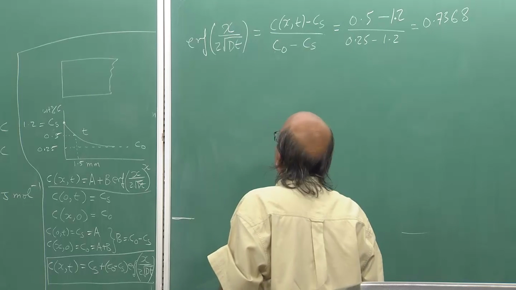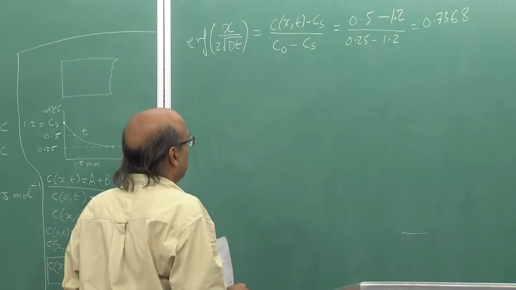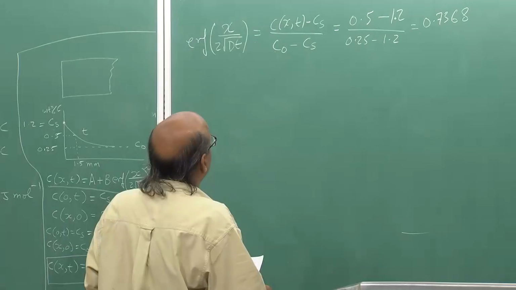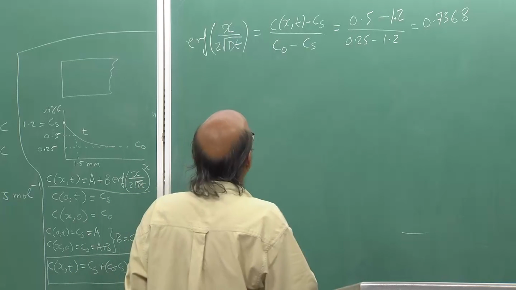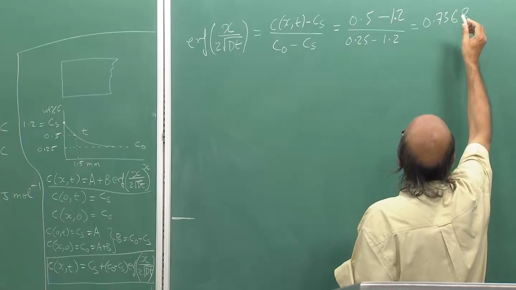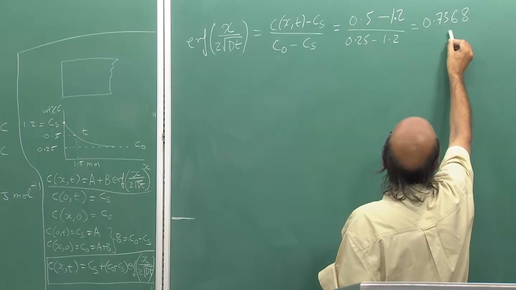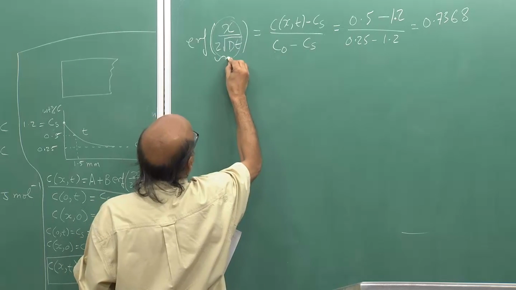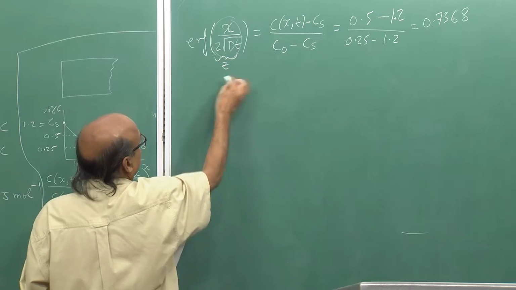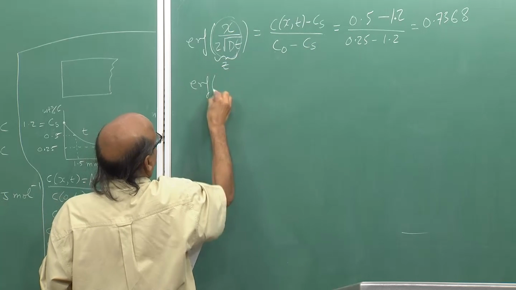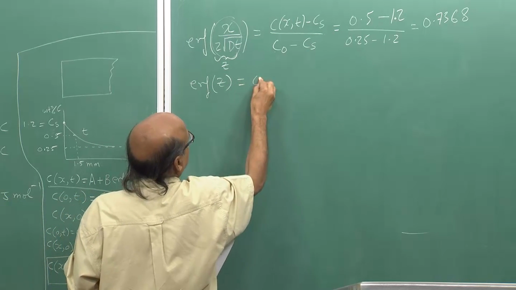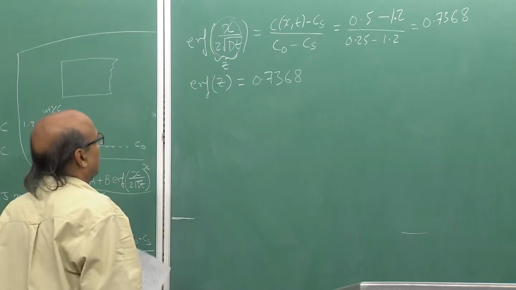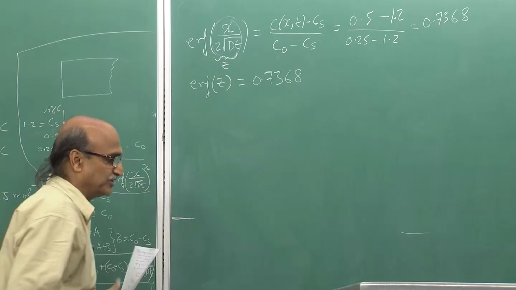We will have to go to what is called the error function table, where there are values given, and from that table one should be able to obtain what this quantity should be for the error function to be equal to this. Let me call this quantity z. So, I can write error function of z is equal to 0.7368, and I need to find what z is.